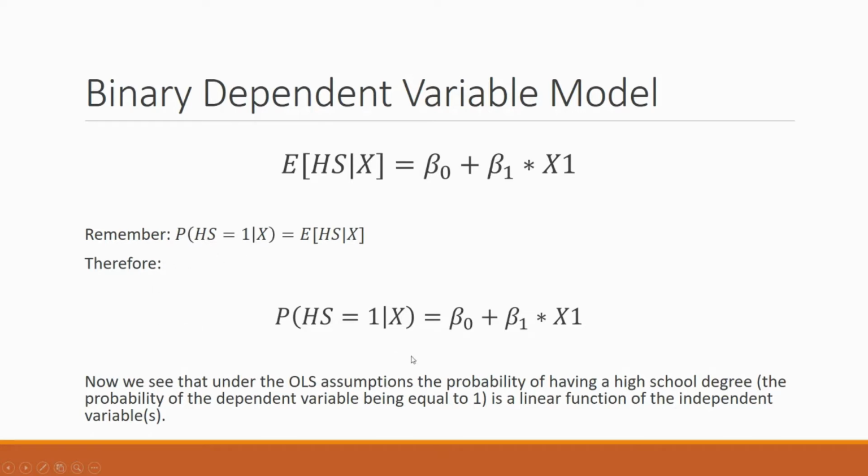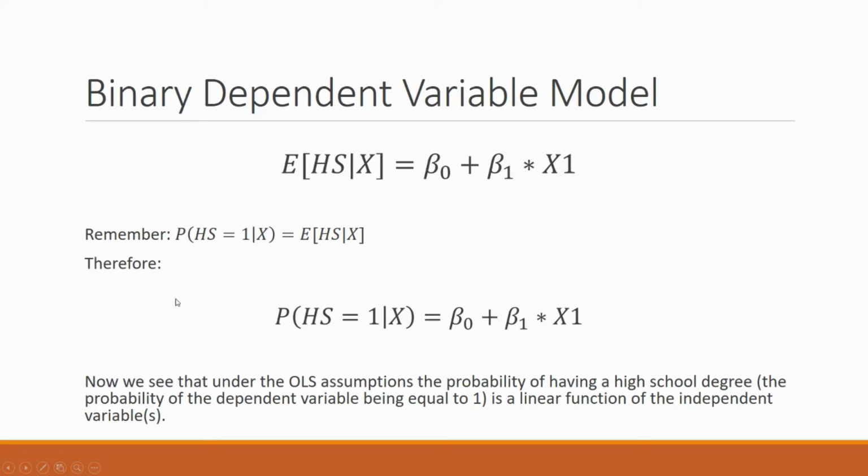So that means that this linear function of independent variables, here a simple linear function with only one independent variable, though we could have more, equals the probability that the high school degree variable will equal 1.